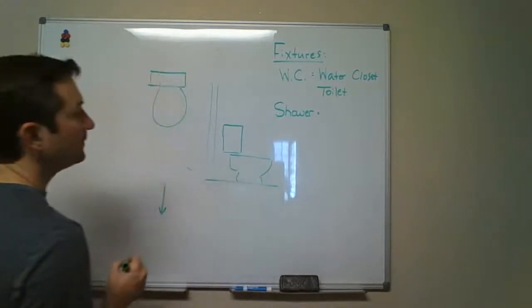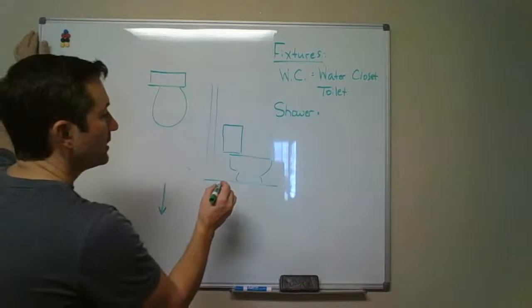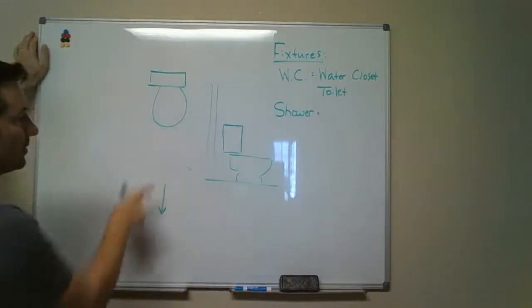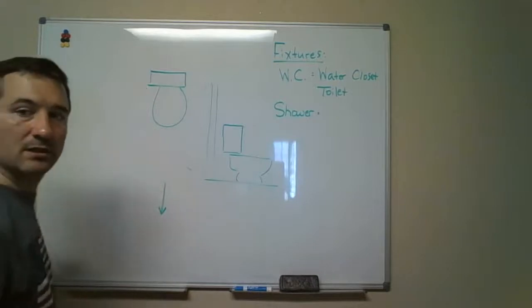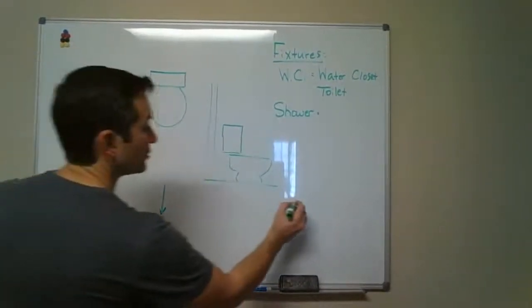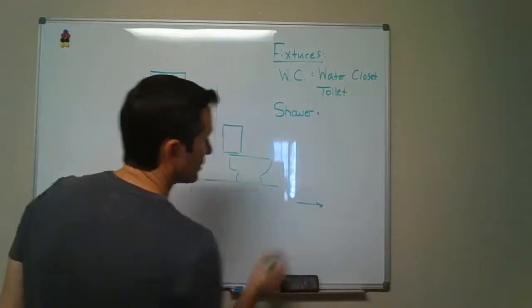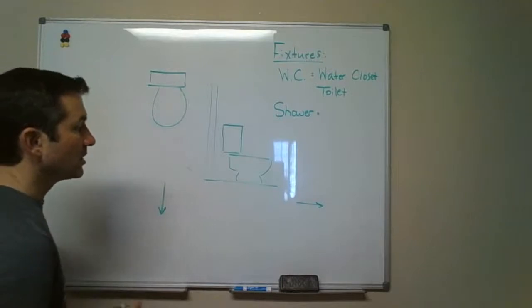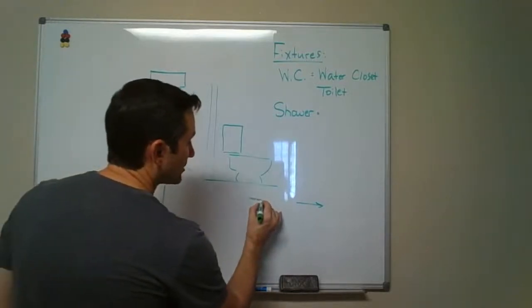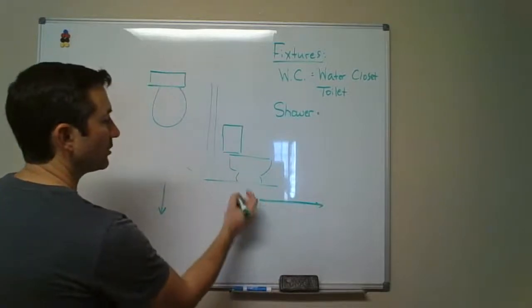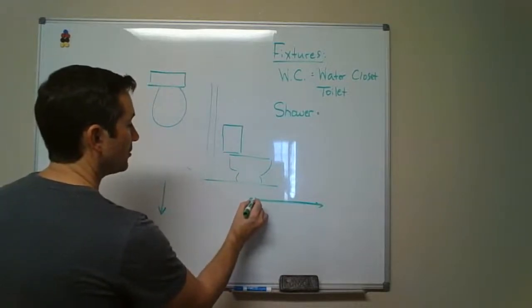Now, I've got the drain going out away from the front of the toilet, so the drain is heading out in this direction. Of course, the drain is underneath the floor, if this represents the floor. So the drain goes this way, and then we need to turn vertical to hook that drain up.